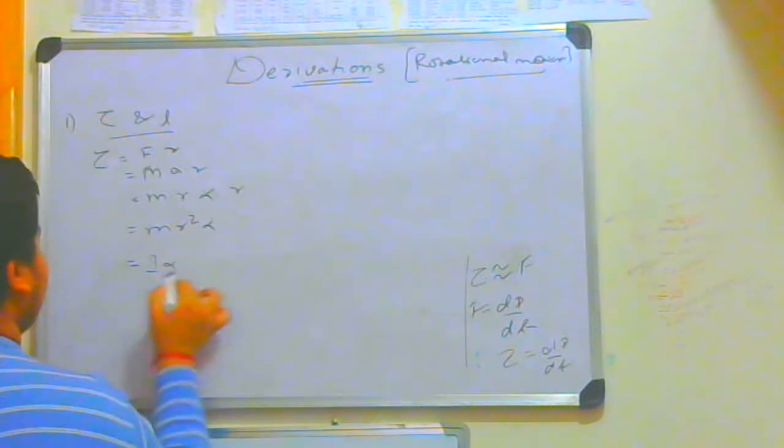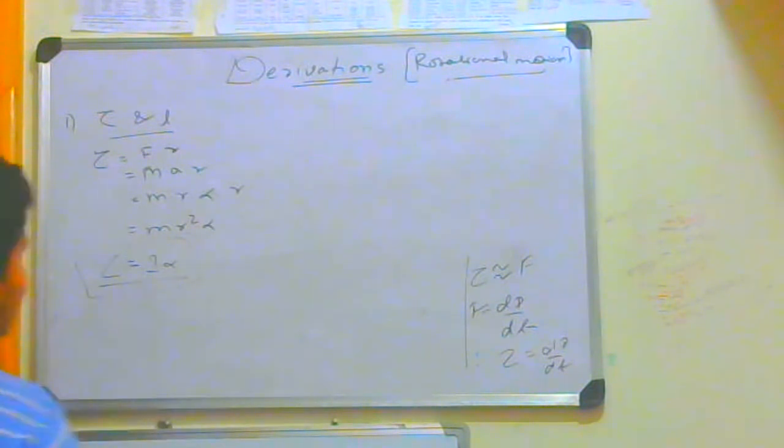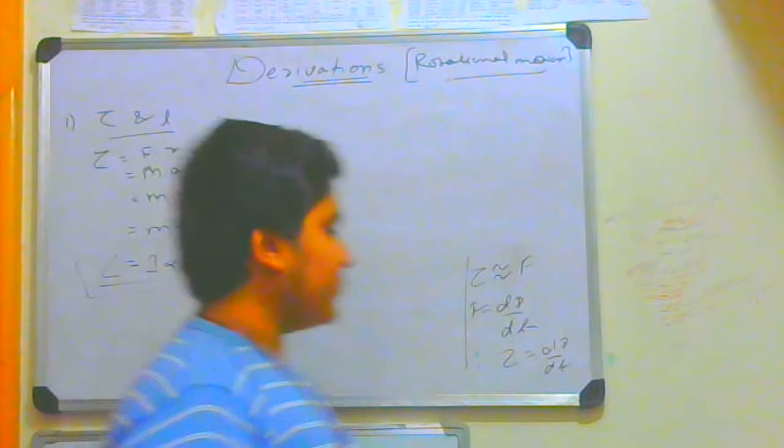This will be I alpha, that is also equal to tau. Not a problem, but you have been asked the relation with L.